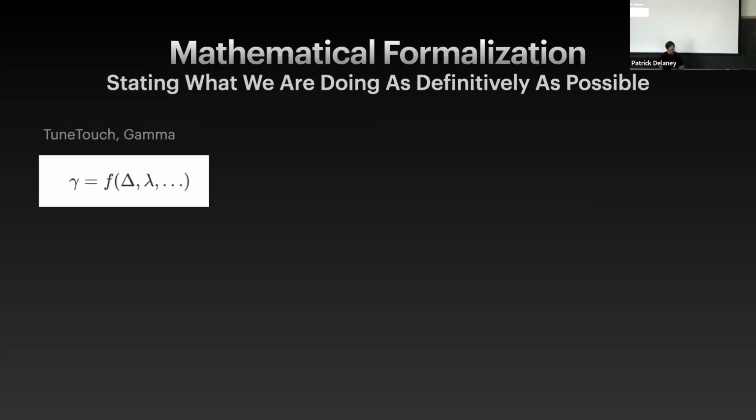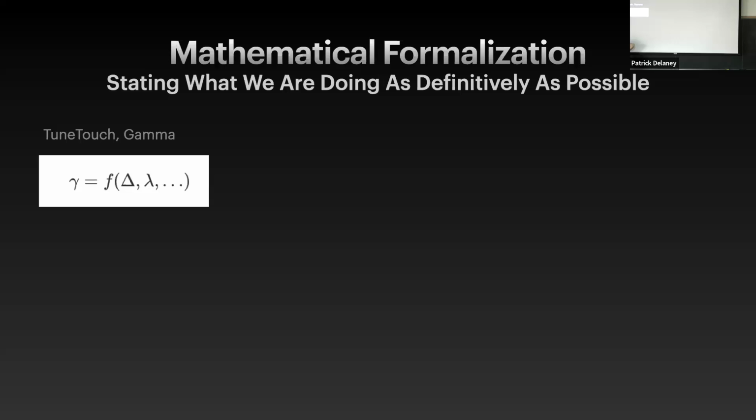I guess what it all amounted to, and I didn't put this in the draft, is that you're trying to create this gamma. Gamma is a pleasing output, based upon these inputs: you only have so much time and so many resources.